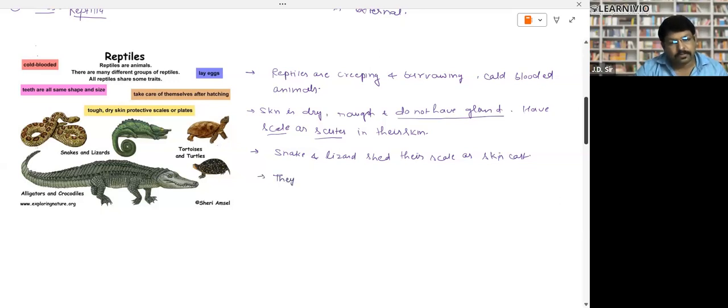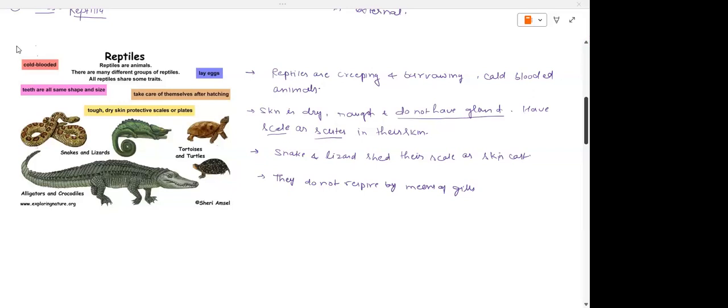They do not respire by means of gills, right? So what they require is lungs.